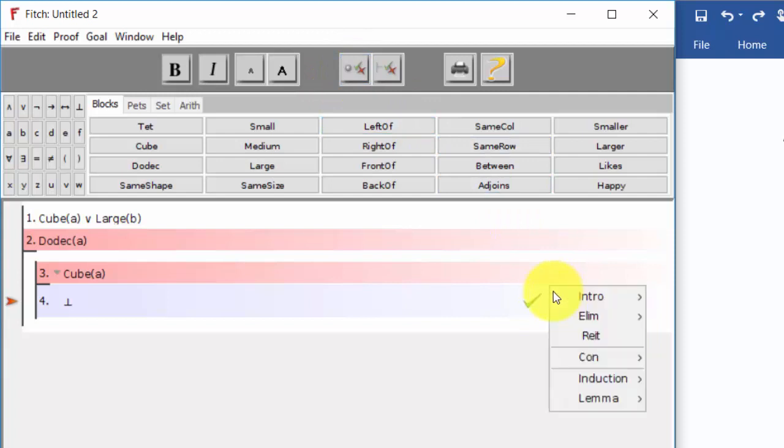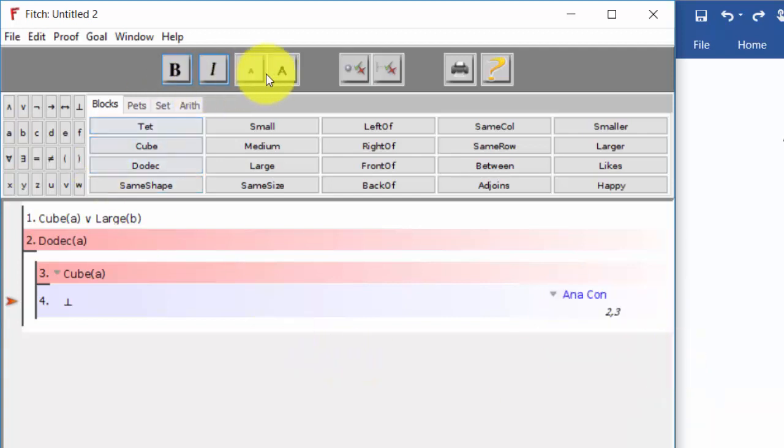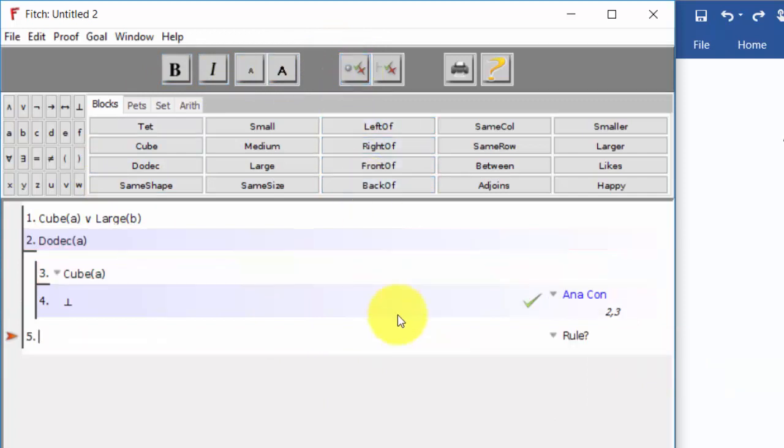Notice that it won't work to use contradiction introduction because 2 and 3 do not take the form P and not the case P. It can only be done by the meaning of the predicates, which is what AnaCon is sensitive to. Okay?